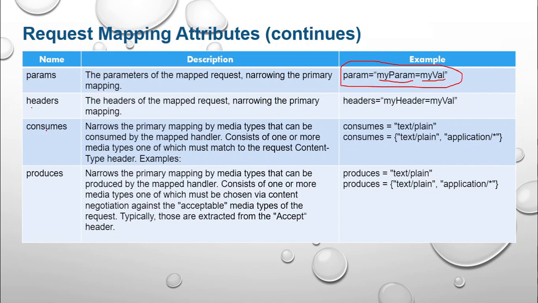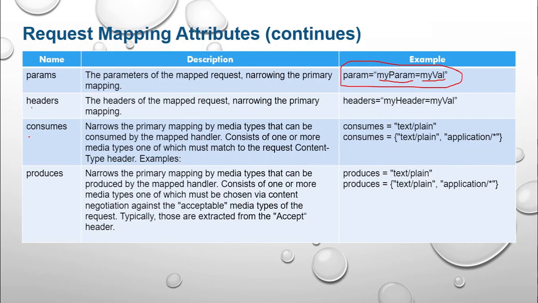Now consumes. Consumes will narrow the primary mapping by the media type that can be consumed by the mapped handler. It can consist of one or more media types which must match the request Content-Type header.